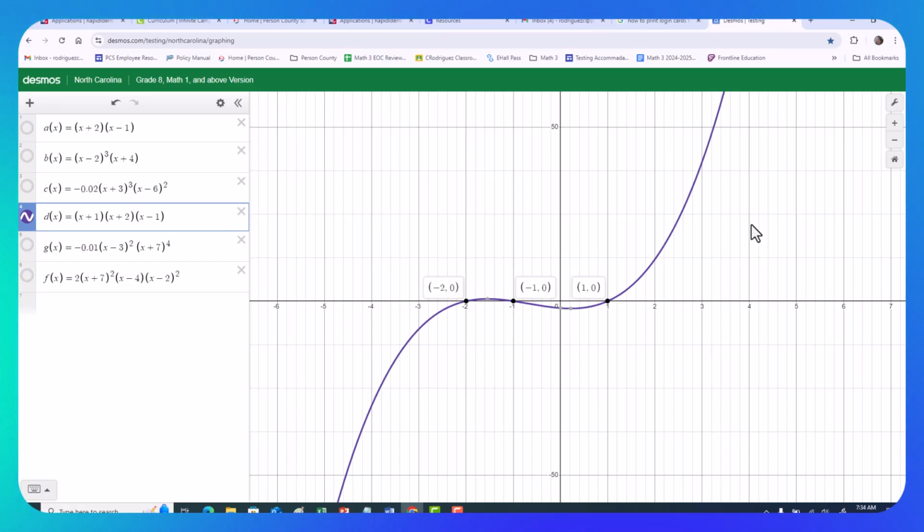We predicted that f of x is going to approach infinity as x approaches positive infinity. So on the right, y should be going up. On the left, as x approaches negative infinity, y is going to be approaching negative infinity. So it's going to be going down. So that looks correct. And I can check my roots real quickly.